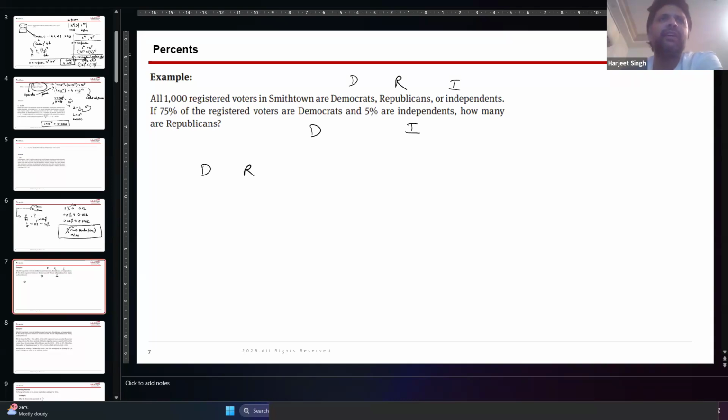We know the percentage is 75 for Democrats and 5 for Independents. Clearly, the sum of these percentages should always be 100 for the entire set. So R is clearly 100 minus 75 minus 5, which is 20.